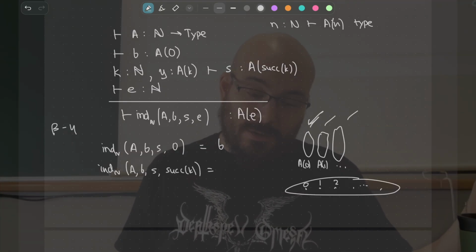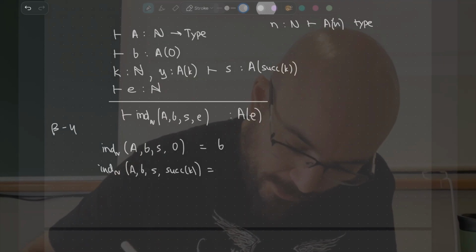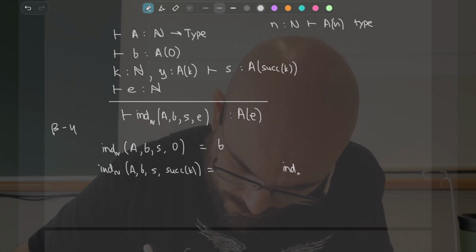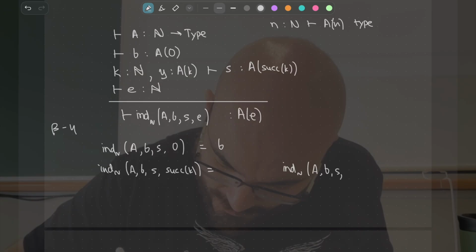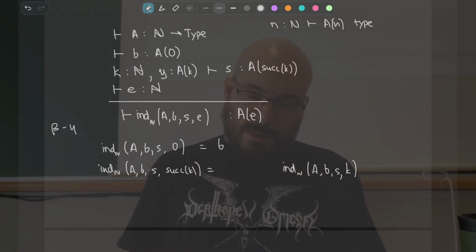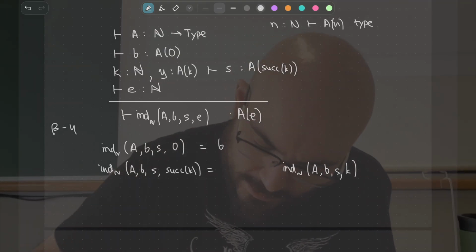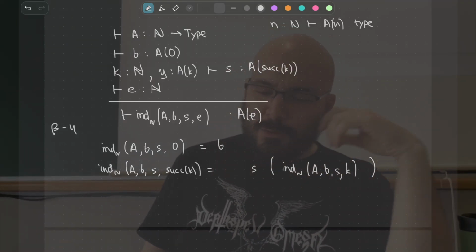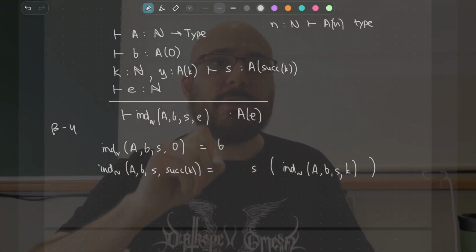Eventually, somewhere, we will need to use this thing. Use the same recursion, but with this thing. And now, where do I plug this? To S? Who agrees with me? Is it like that? Or the successor? No, wait. Not to the S.